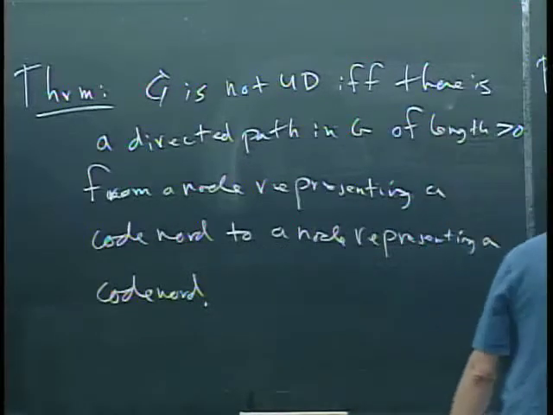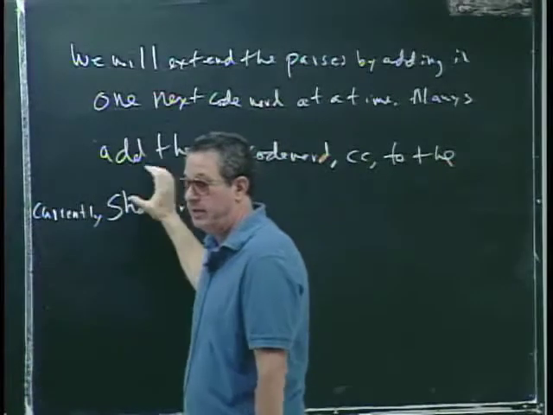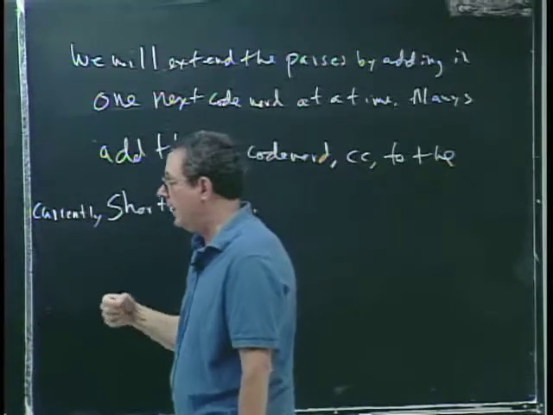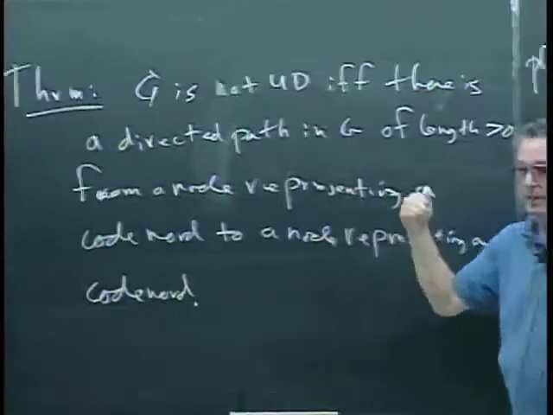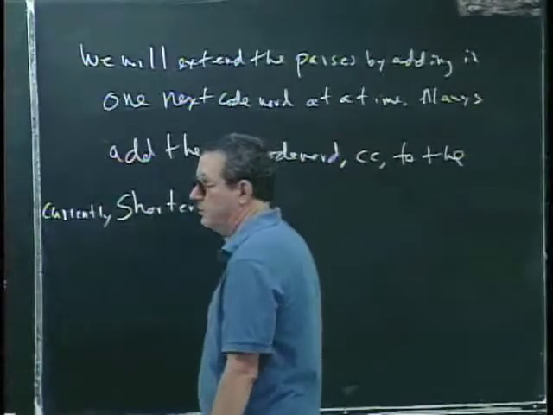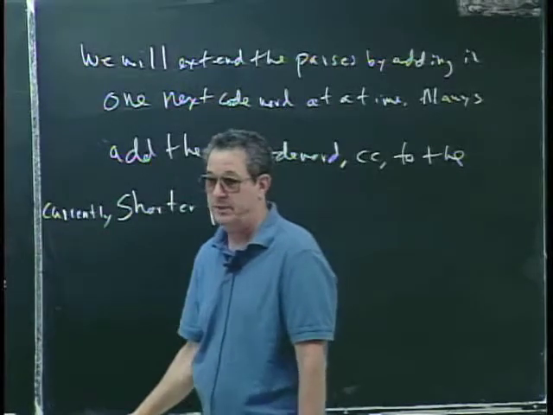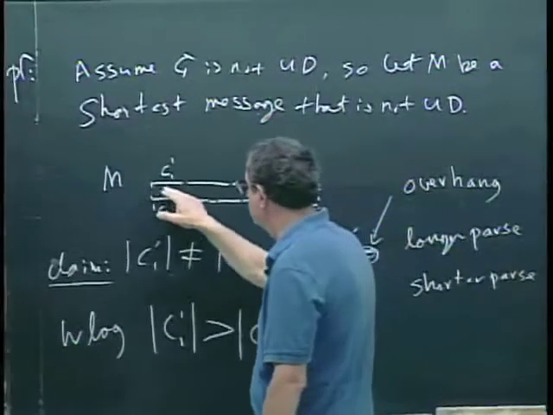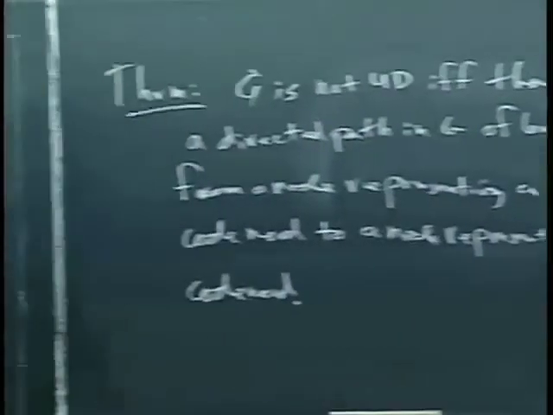So what I want to do is, as we're adding in these code words to the parses, I want to show that there's an additional edge that gets added into a path that starts at a code word, and that when we ultimately get to the end of M in this construction, we will have also found that path that we were looking for. Okay? So let's just look at the very first step here. The first step is going to be the following.